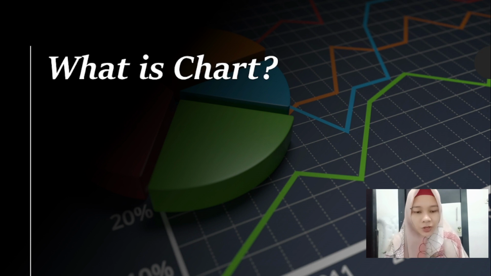The definition of chart, if we have to define it, is the graphical representation for data visualization in which the data is represented by symbols. The symbol, as I taught you before, could be bars in a bar chart, or lines in a line chart, or slices in a pie chart, or slices in a circle chart.